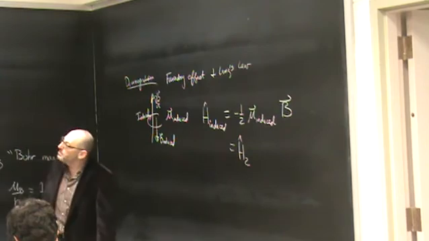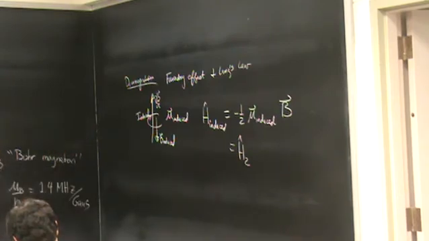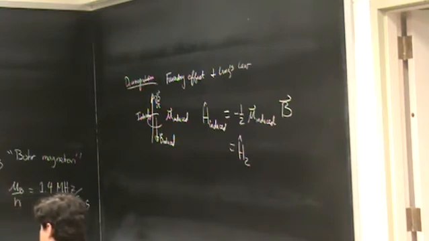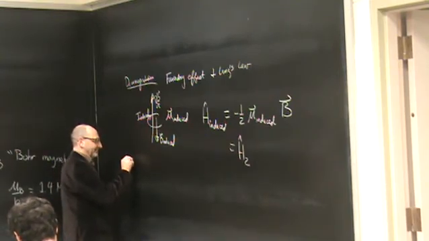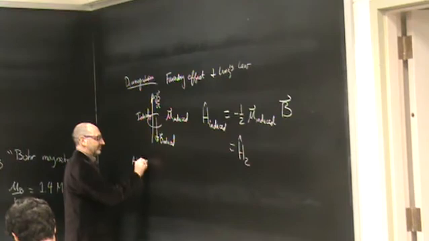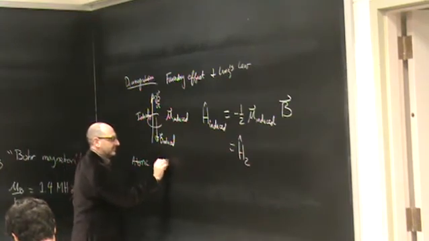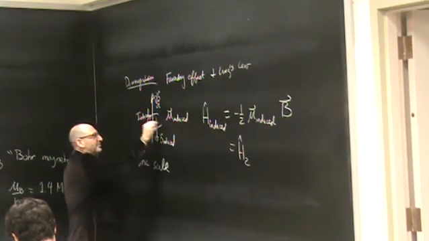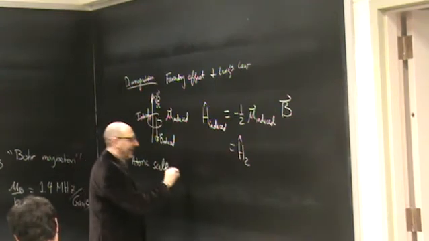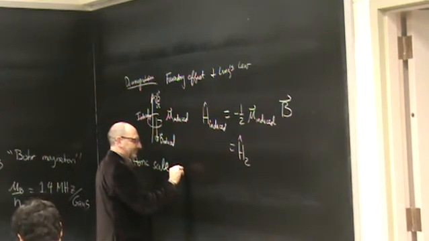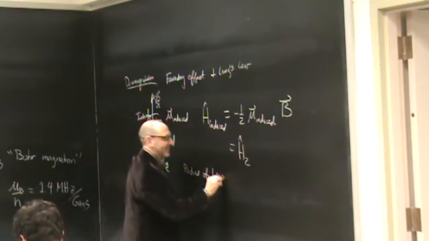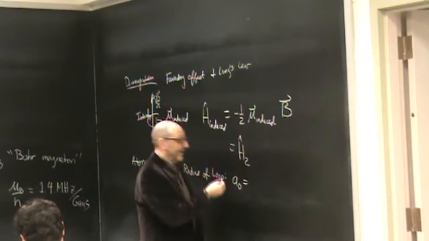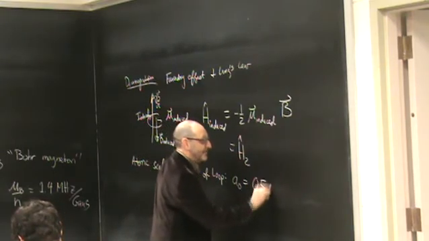Now, how big is this effect relative to paramagnetism? Well, let's look at it at the atomic scale. So at the atomic scale, these little loops here, the radius of the loop is something like the Bohr radius, a half an angstrom.